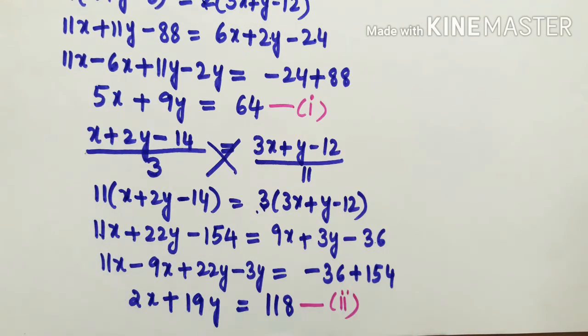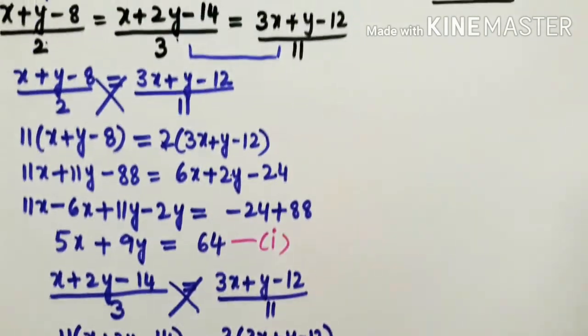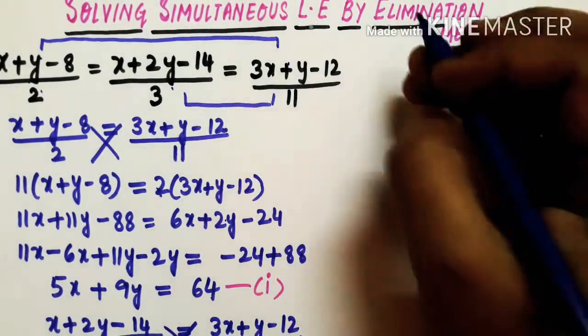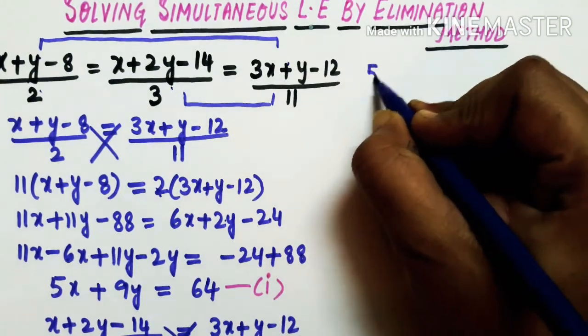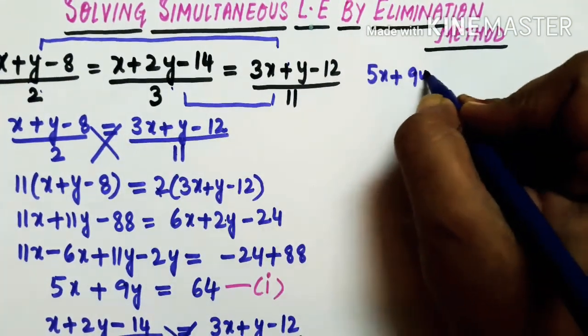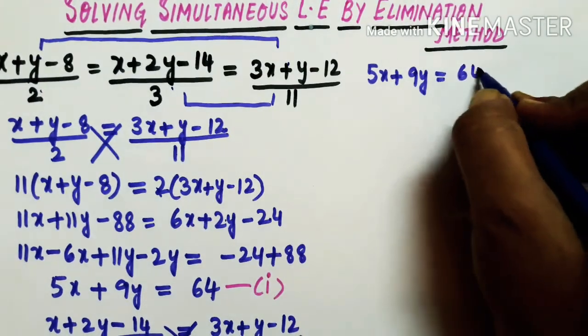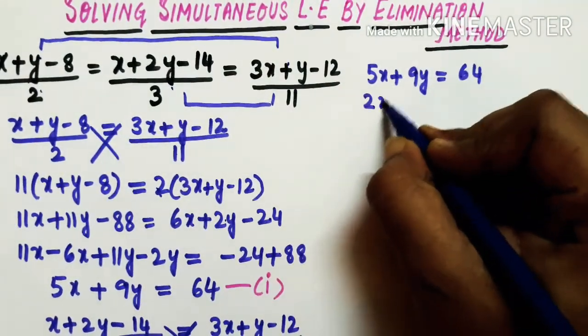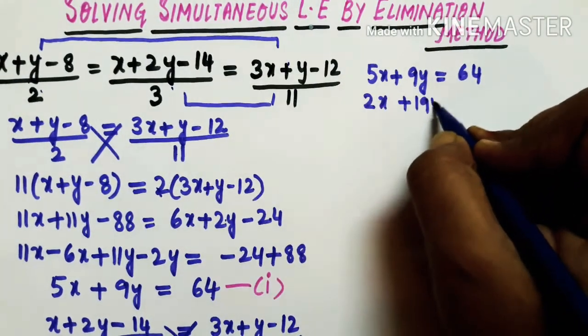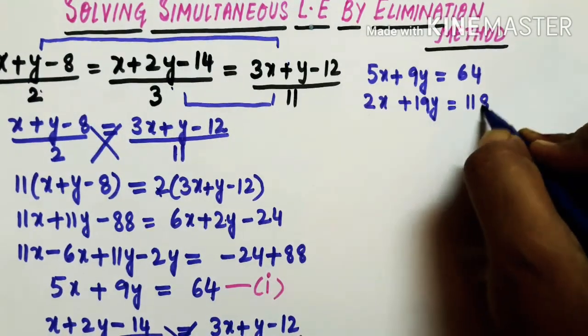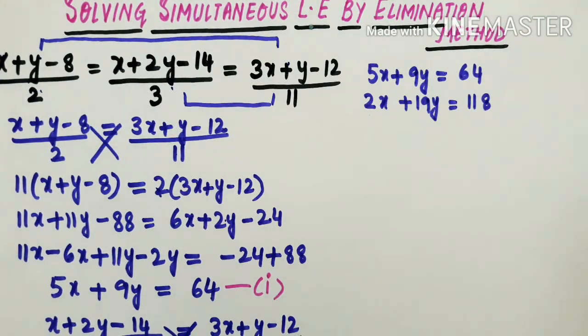First of all, let me write the two equations, then it will be easy for you to understand. Now what are the two equations we just got? First is 5x plus 9y equals 64, and the second is 2x plus 19y equals 118. So these are the two equations.